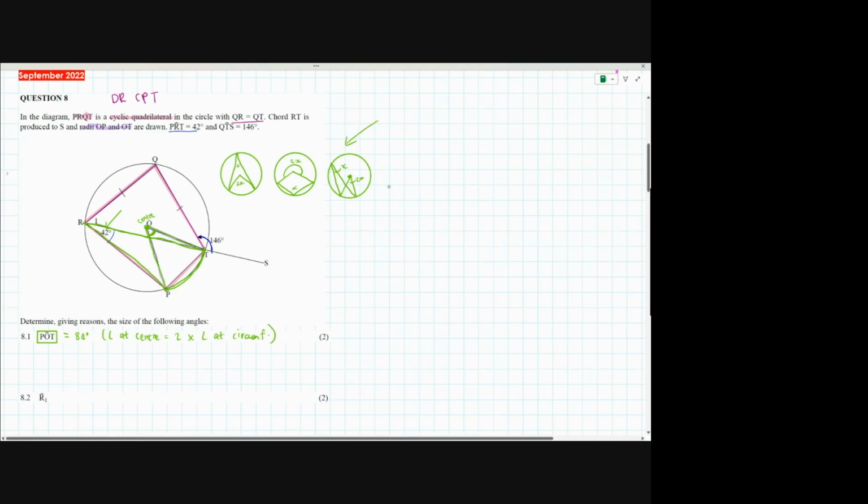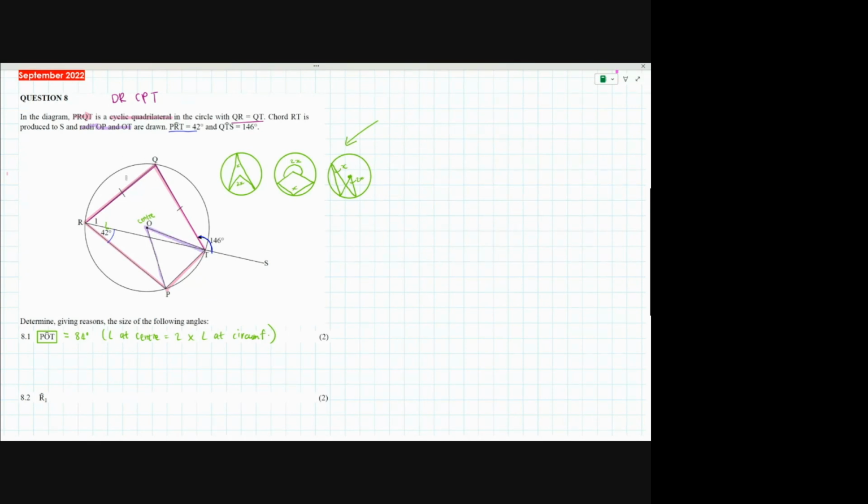We can give it to you in any of these formats. In this one, we were given one that kind of looks like angles in the same segment, but please remember that because one of the angles is at the center and the other one on the circumference, it is not the case.